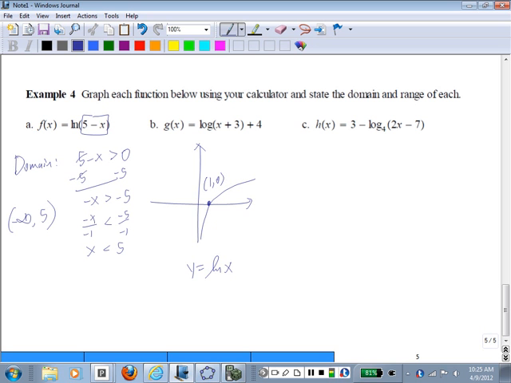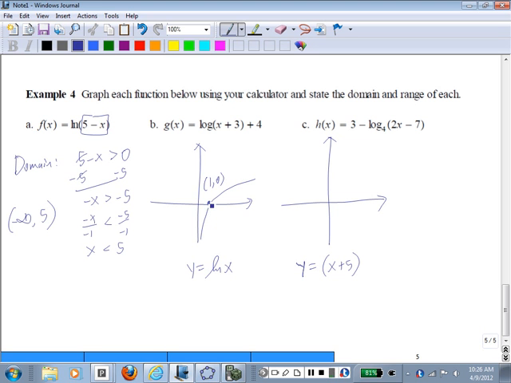Now, if we substitute, and this is a little tricky, if we substitute x plus 5 for x, what would that do to the graph? You're wondering why I'm doing that, but there's method to my madness. 5 units to the left.